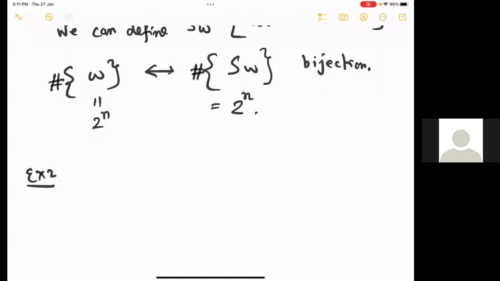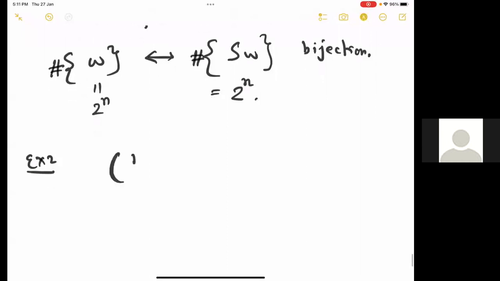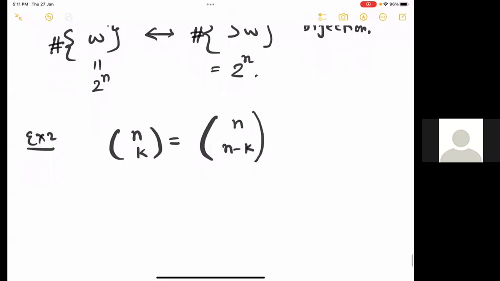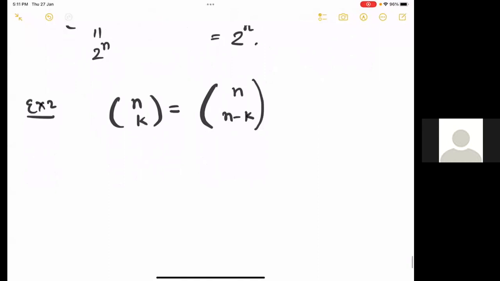Okay, so let's take another example. Let's prove that n choose k equals n choose n minus k. I am not revising this basic permutation combination because I think all of you are good and you have done it in higher secondary. You of course know this from your school days, and there is a one-line combinatorial argument for it, which is also very simple.